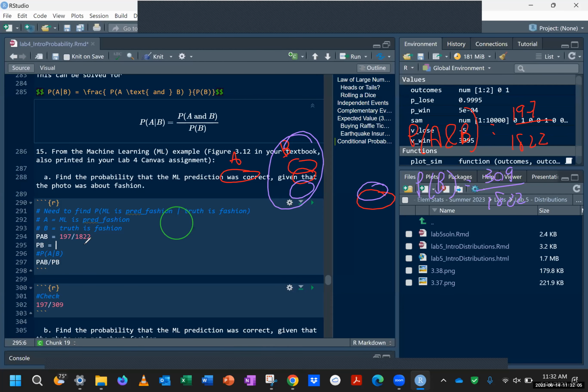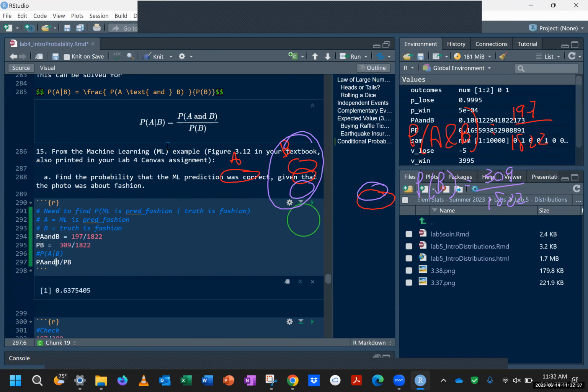So that's the probability of B. 309 divided by 1822. So now we can use our conditional probability formula to say probability of A given B is probability of A and B, just to be clear, divided by probability of B, and that will be our conditional probability.